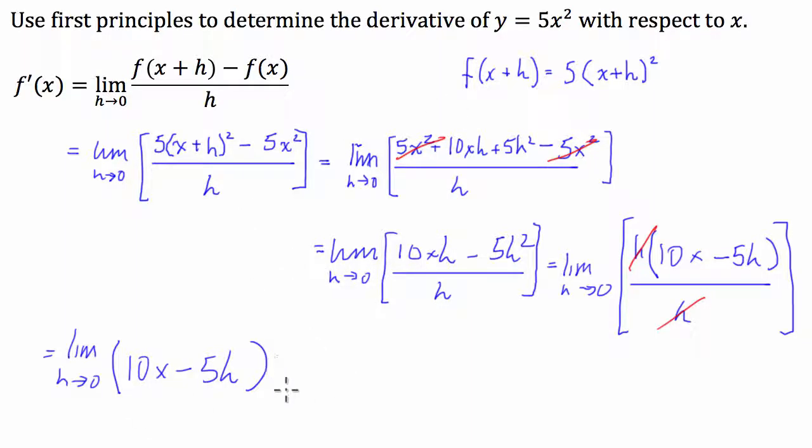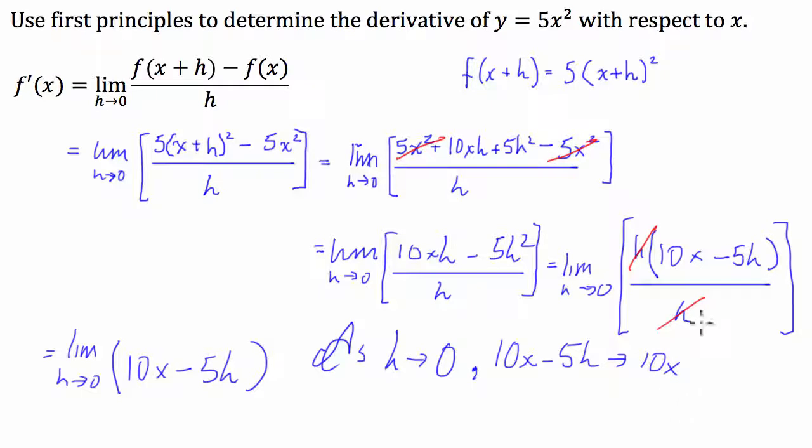So what we can do then is write a statement. We can say that as h approaches 0, 10x plus 5h approaches 10x. Therefore, f prime of x is going to equal 10x.